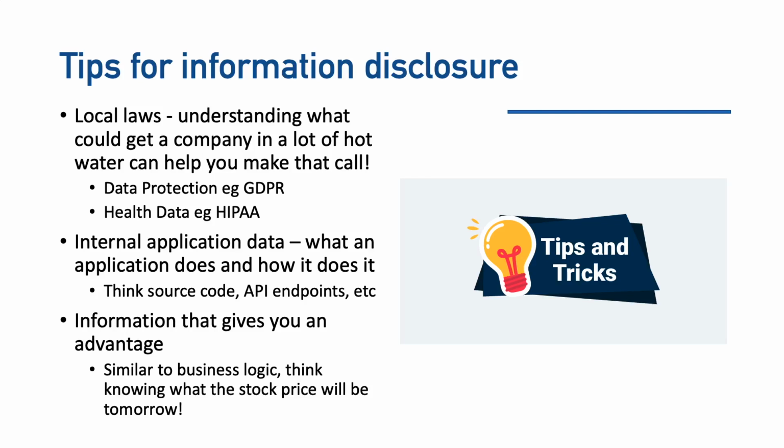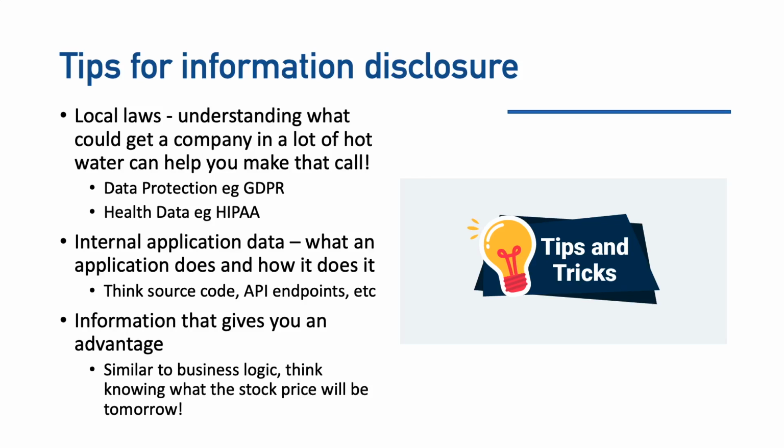So making sure you know what the data protection legislation is like can really help you make that call, because you can easily make the case, oh, GDPR says that somebody's sexuality, someone's religion is a special case of protected data. You are not protecting that data because I can just find it. It's being able to make those calls and using the word GDPR in your HackerOne report.